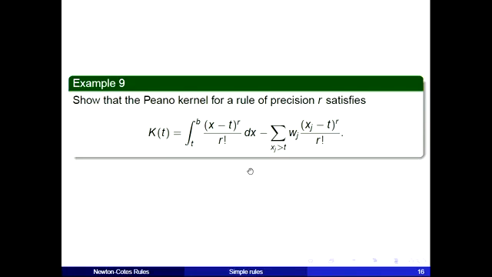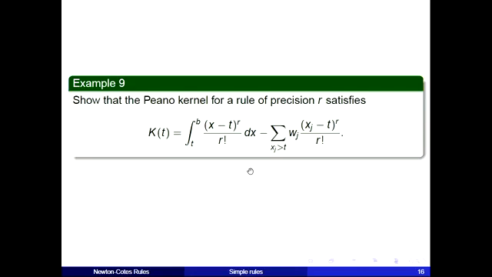You can see that you have only one quadrature point here, only the midpoint. So x1 is actually a plus b over 2. So t is here.